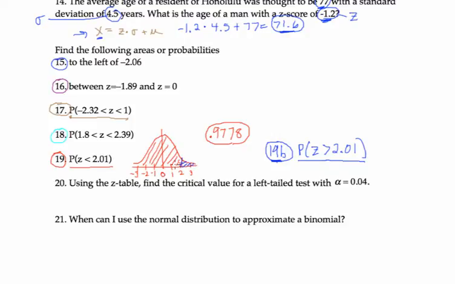We know that the whole area under the curve is 1. So if we know that to the left is 0.9778, to find the probability that you're to the right, you just take 1 minus that. So the probability that the z-score is greater than 2.01 is 0.0222.